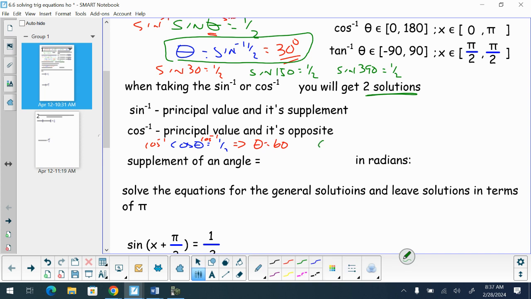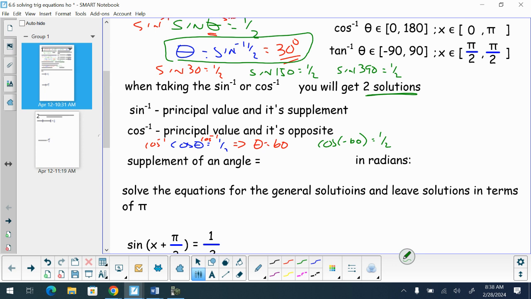But if I take the cosine of negative 60 degrees, the opposite of this, we still get 1/2. That's that odd or even function. Cosine is an even function. So the cosine of 60 equals the cosine of negative 60.